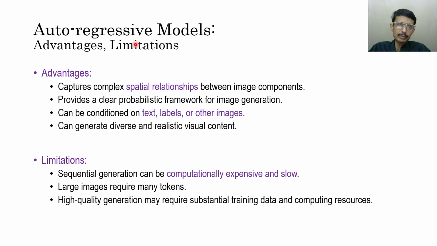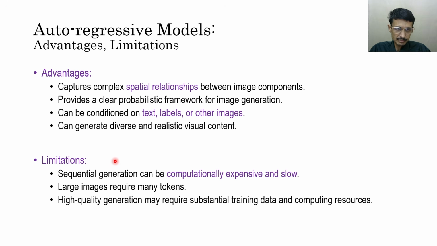Now, what are the major advantages of autoregressive models? They easily capture complex spatial relationships between image components, and they provide a clear probabilistic framework for image generation. They can be conditioned on text, labels, or other images, and can generate diverse and realistic visual content.